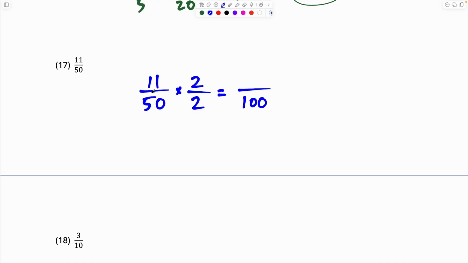Okay, so this is the nicest way, in my opinion, to turn a fraction into a percent, is to just change that denominator into a denominator of 100. But make sure that whatever you multiply the denominator by, that you do the same thing to the numerator. So we do 11 times 2 is 22, and then 22 out of 100 is the same thing as 22%, and that's our solution to 17.